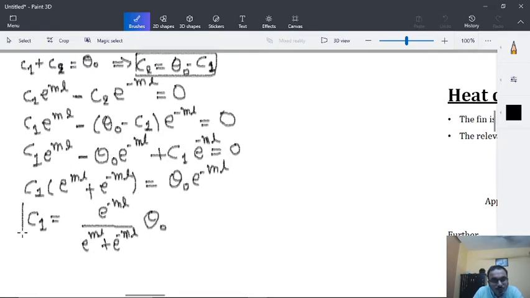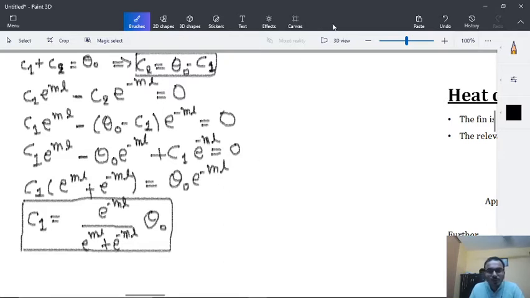So we have obtained the value of C1. Okay, so now we will be obtaining the value of C2 here.